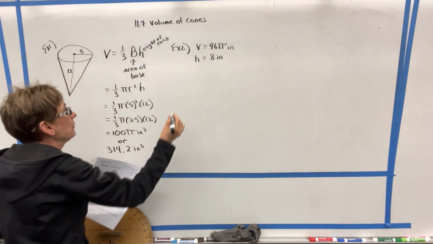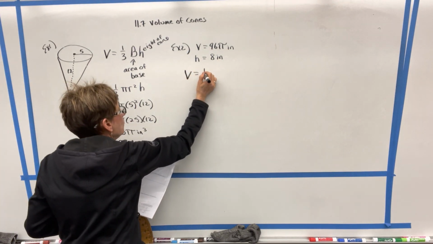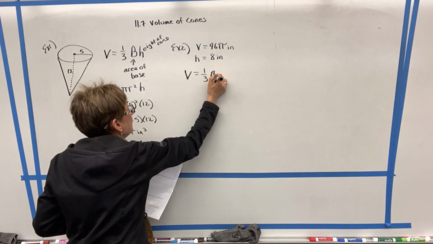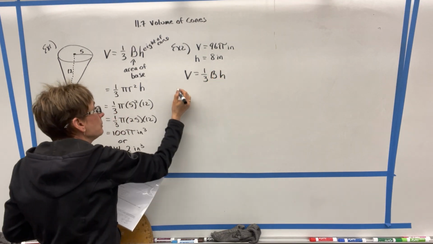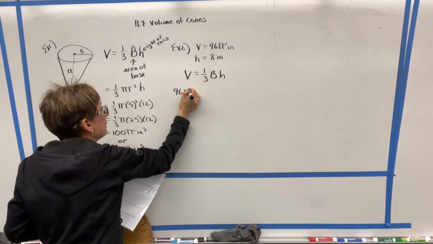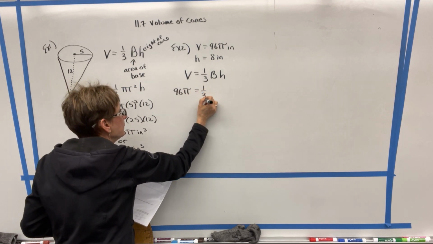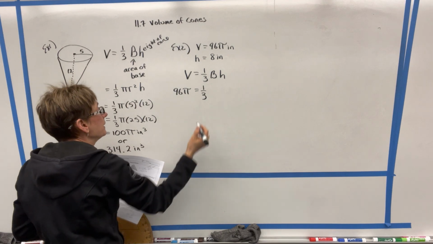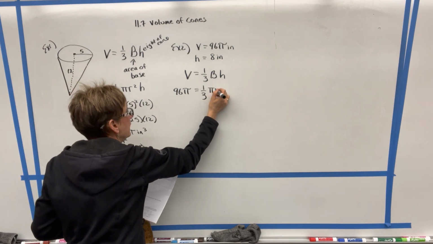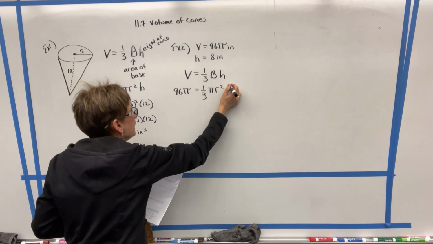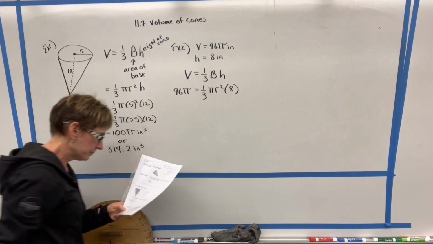So let's go ahead and write our formula down. 1/3 area of the base times height. We're going to plug in 96 pi for the volume, and then 1/3 here. Now remember that the base is always going to be pi r squared, and then we have 8 here.